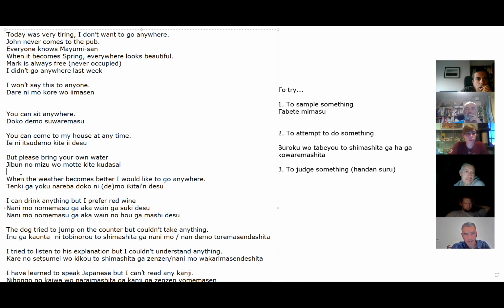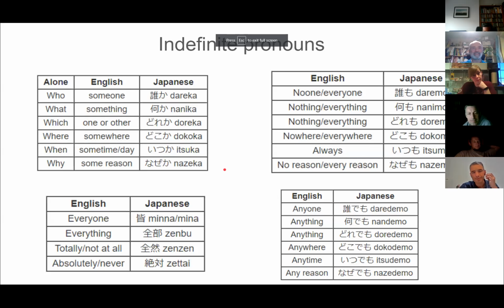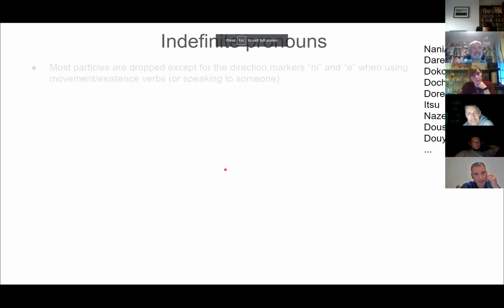If I look at that print screen, except when we use the direction marker ni. Remember, it was at the top of one of the screens like 20 minutes ago. Okay, so that's an exception. Just to prove that I did say this, there you go.